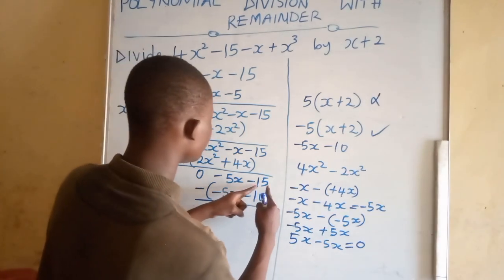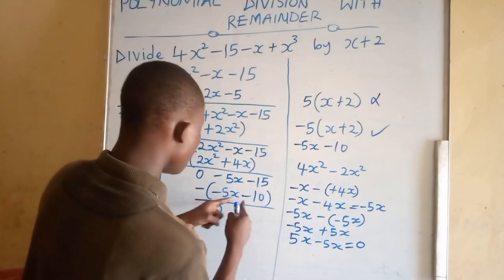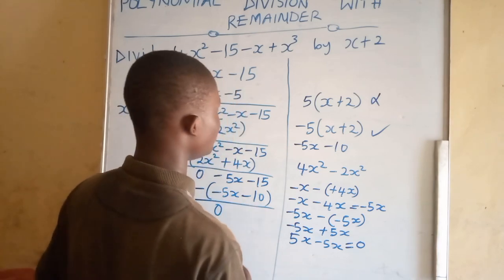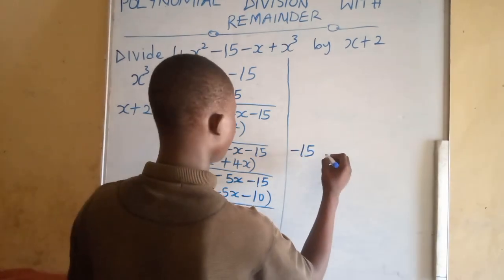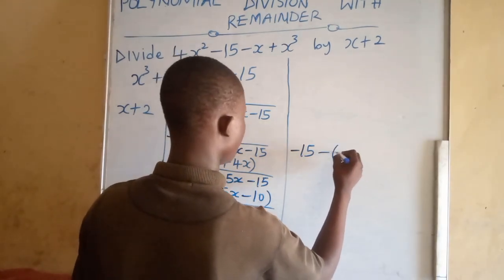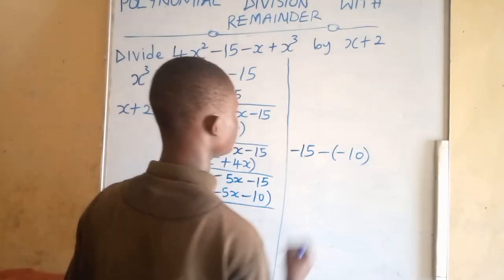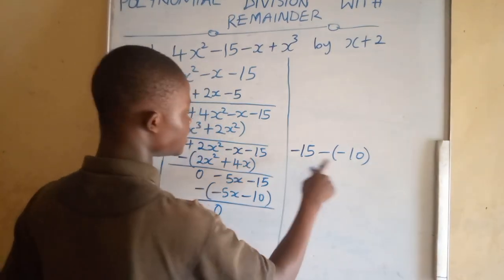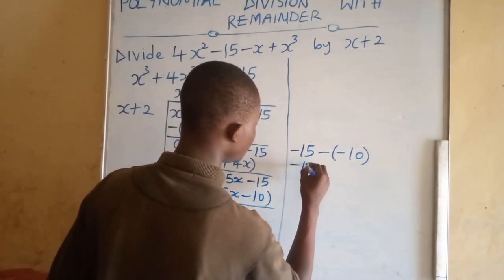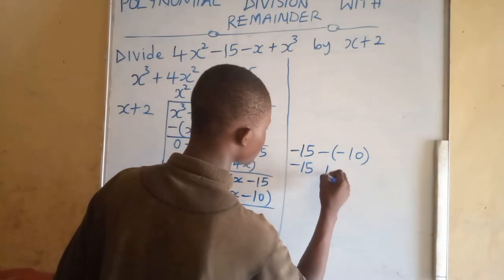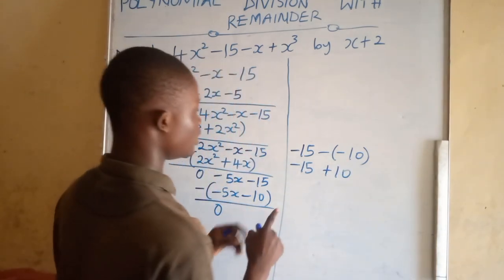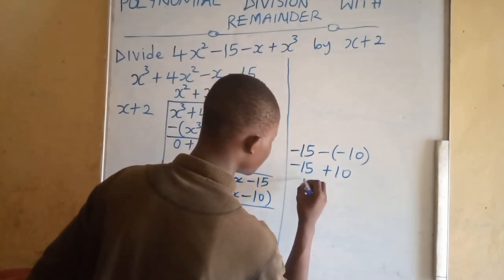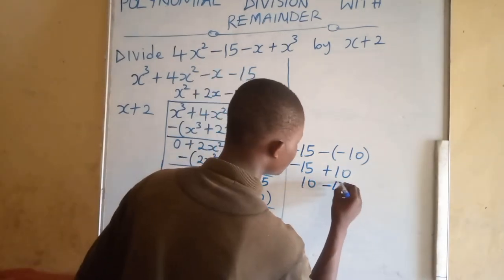Now, minus 15 minus 10. Let's write it here. Minus 15 minus 10. This is the same thing as writing minus 15, minus plus minus is plus. Do you agree? And this is the same thing as writing 10 minus 15.